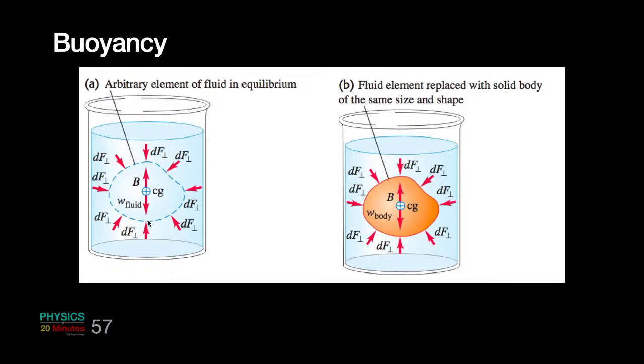Why should it be so? Think about it. The entire fluid element will have some mass, and the weight of this fluid element will work in the downward direction. Now, we have made a very important assumption that the fluid is static, it is not moving.